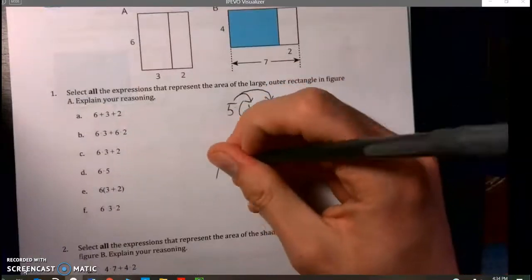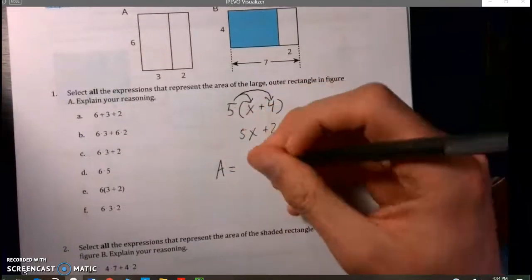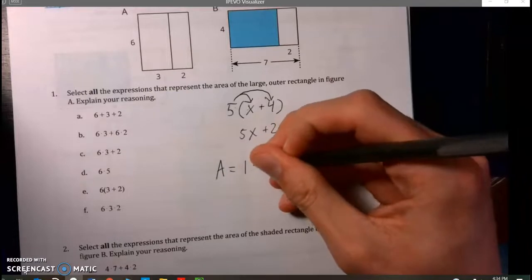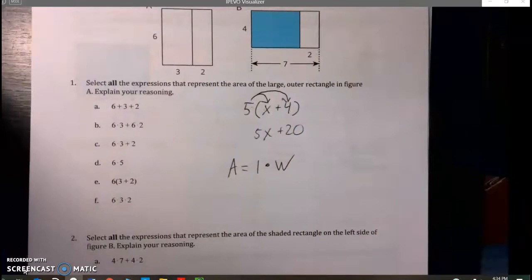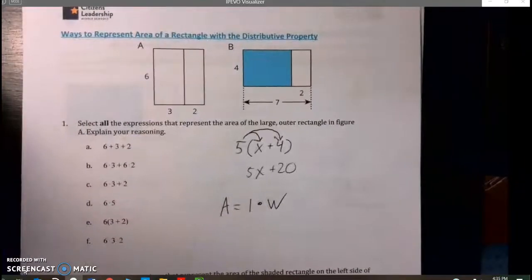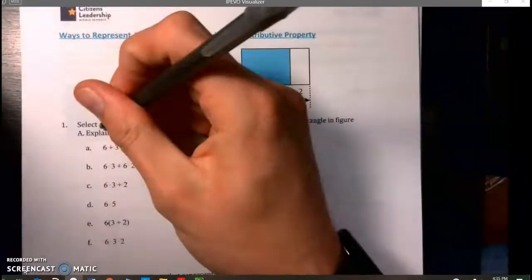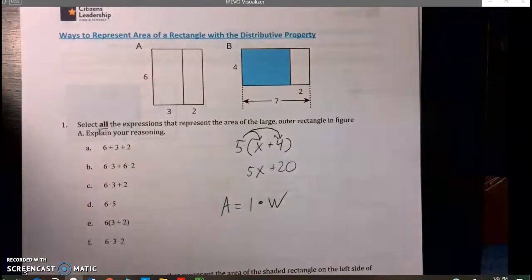The formula for the area of a rectangle is area equals length times width. So number one, select, once again, there's that bold all. Select all the expressions that represent the area of the large outer rectangle in figure A.